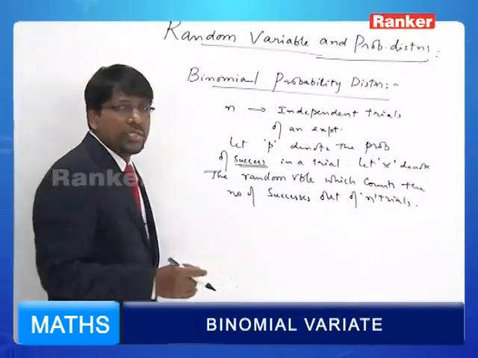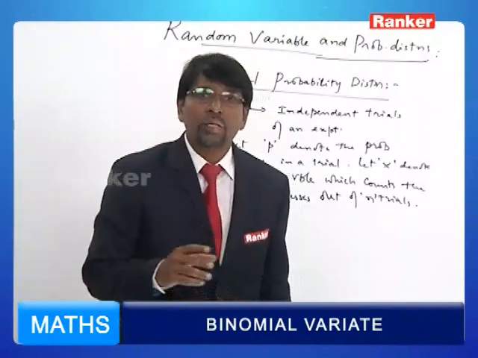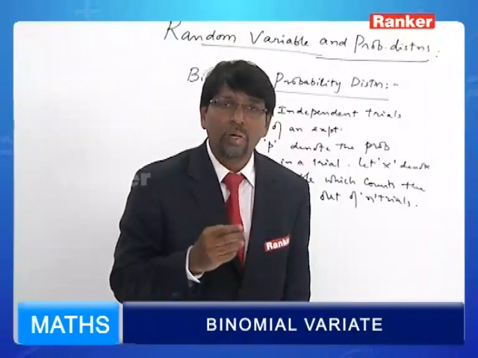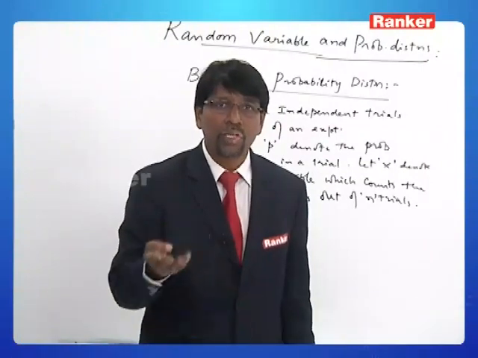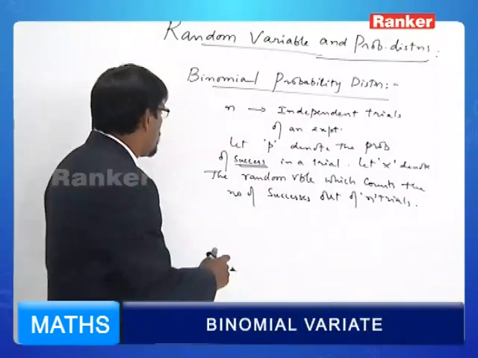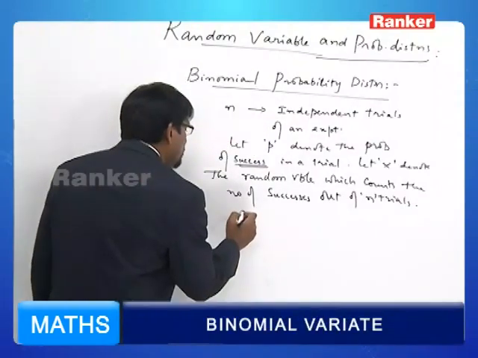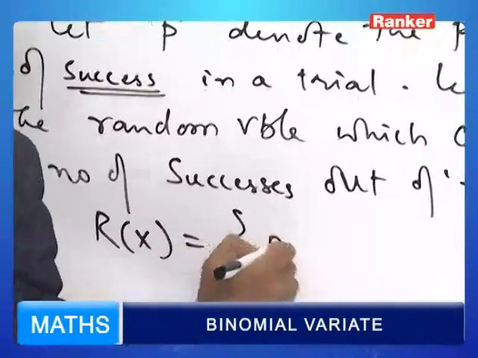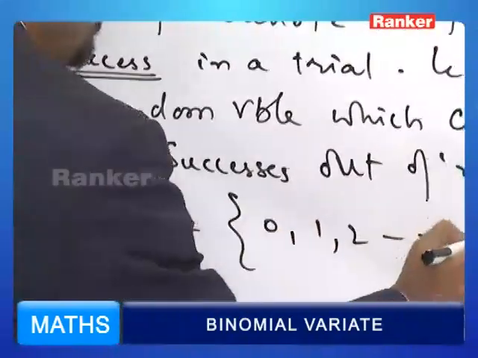So when we go for say 5 trials, it is possible that in all the 5 trials I get a success, or I may get success in 4 trials, 3 trials, 2 trials, 1, or 0. So the range of X is 0, 1, 2, and so on up to n.